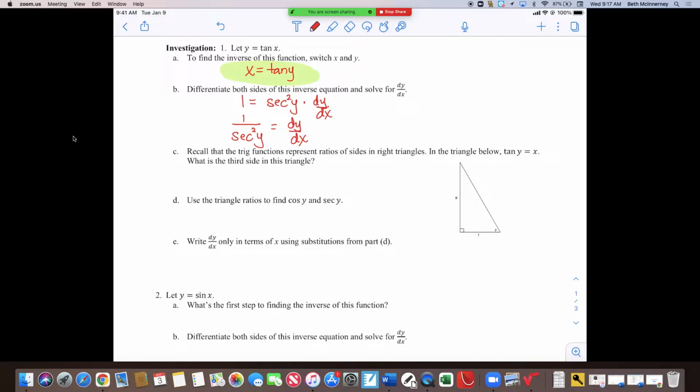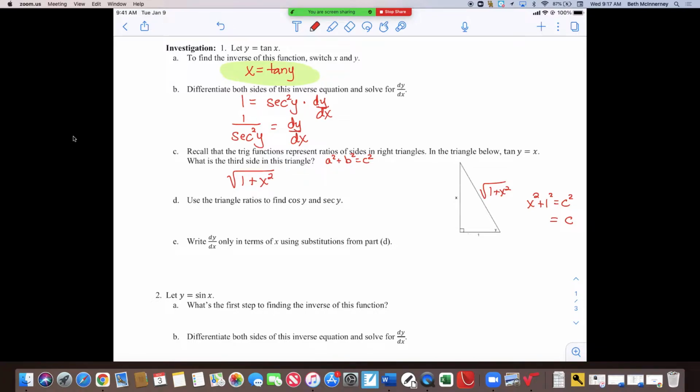Pythagorean theorem, right? You're going to do a squared plus b squared equals c squared. So that would be x squared plus 1 squared equals c squared. So c is the square root, and let me just put it in the form that we're going to see it. So the missing side is the square root of 1 plus x squared.